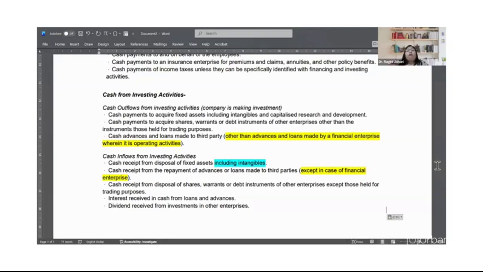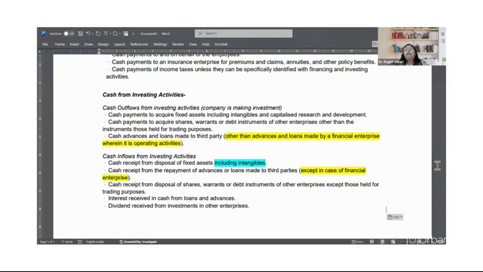Inflows of cash from investing activity would include the cash receipts from the disposal of any fixed assets, again including the intangibles. Then cash receipts from repayment of advances or loans made to third parties, again except in case of financial enterprises, and cash receipts from disposal of shares, warrants, or debt instruments of other enterprises except those held for trading purposes.